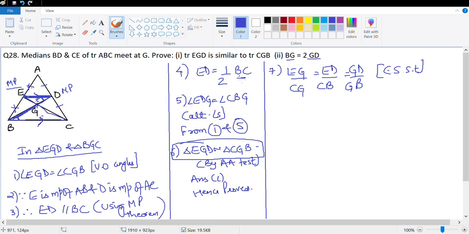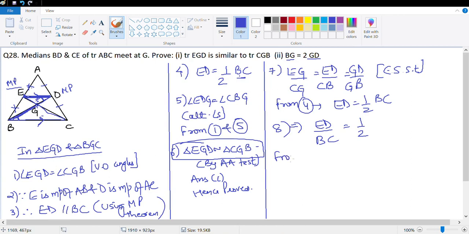So from 4, what I get is ED is equal to half BC, which means ED upon BC is equal to 1 upon 2. Yes, ED upon BC is 1 upon 2.